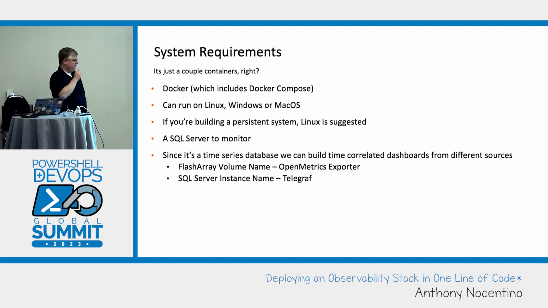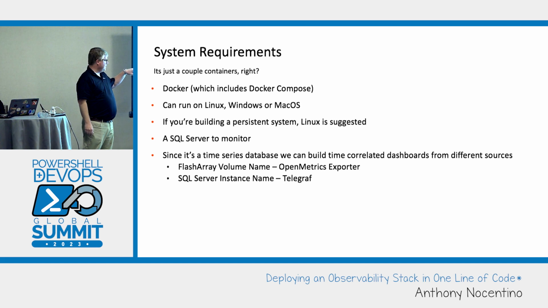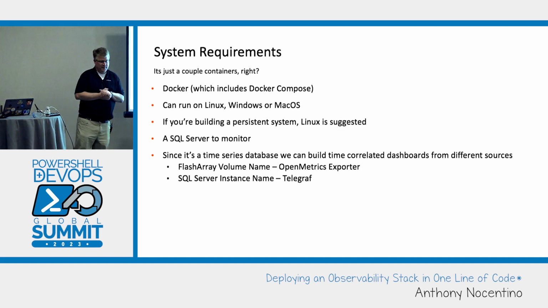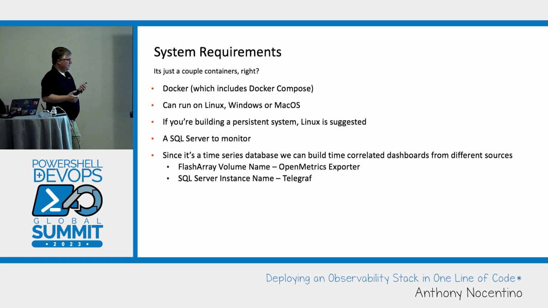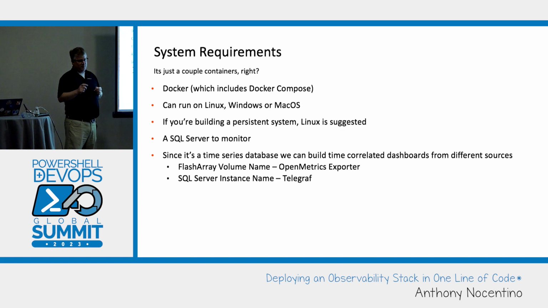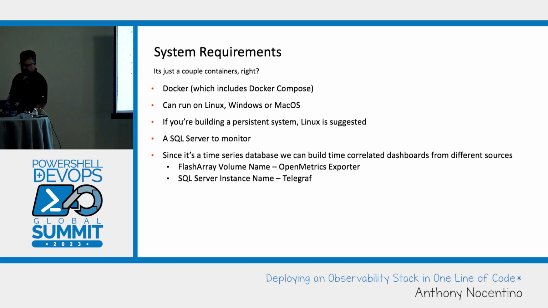And so inside of our platform, the only way I was really able to solve this deterministically was by mapping the flash array's volume name to the SQL Server instance name. Simple solution. There's other ways that I wanted to attack this problem, but basically, in our platforms, the volume name will always have the virtual machine's name in it. And 99 times out of 100, the virtual machine's name is going to match the operating system's name, and that's going to be how I'm going to correlate this. And I'll show you how I did that in code when we get into the demos.